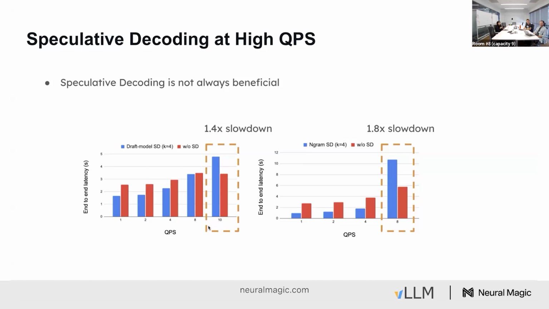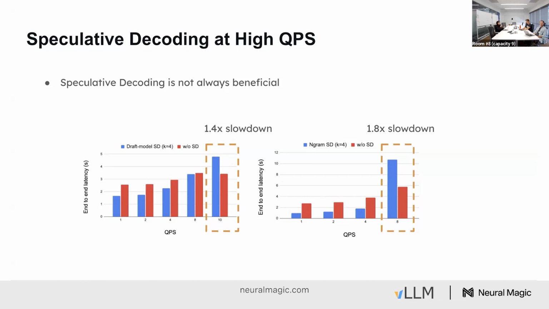When QPS is 10 or 8, when QPS is high, we find that actually speculative decoding slows down the performance. The intuition here is that speculative decoding takes some extra compute. Because you propose tokens, you verify them, so you use a draft model, and also if the tokens are not accepted, you are wasting some compute.